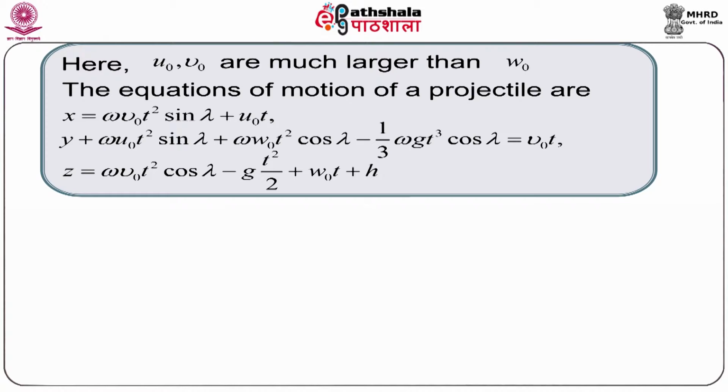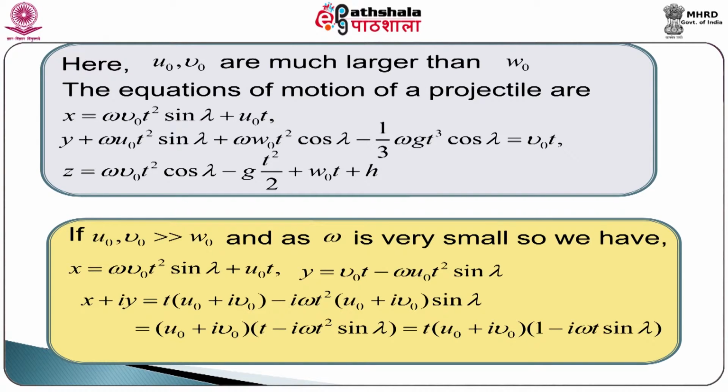In this case, we have x equal to omega v0 t square sin lambda plus u0 into t, y plus omega u0 t square sin lambda plus omega w0 t square cos lambda minus 1/3 omega g t cube cos lambda equal to v0 into t, z equal to omega v0 t square cos lambda minus g t square by 2 plus w0 t plus h.